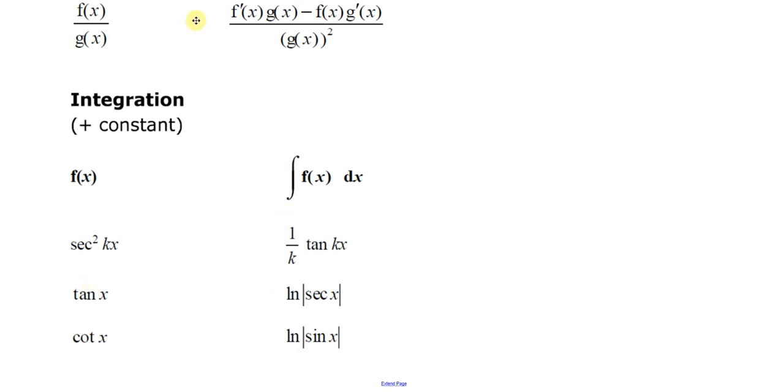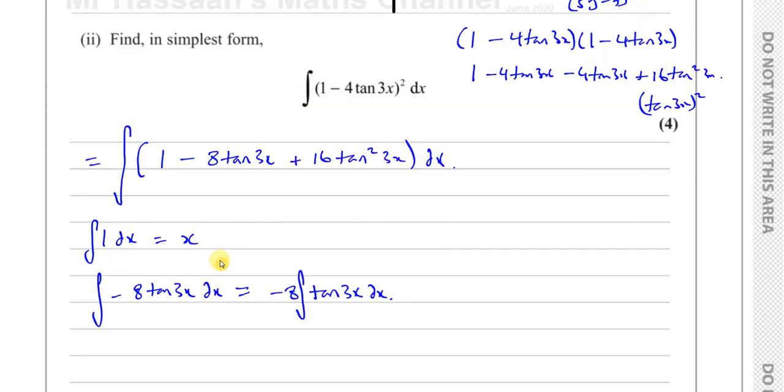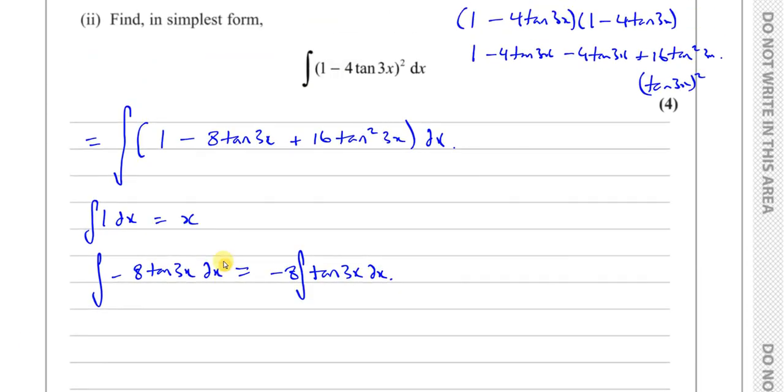So this is f of x, and this is the integral of f of x with respect to x. So the integral of tan x is ln of the modulus of secant of x. What we're going to do is show you how it becomes that. I'm going to write the result first and then show you how we got this. This is going to be minus 8 times ln of the modulus of secant of 3x, because we've got 3 here.